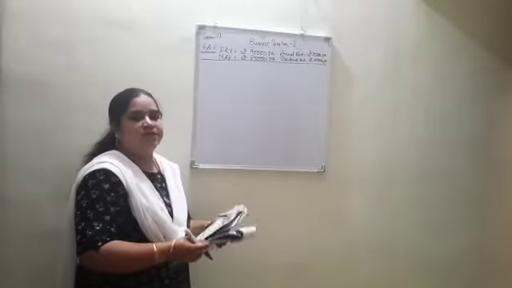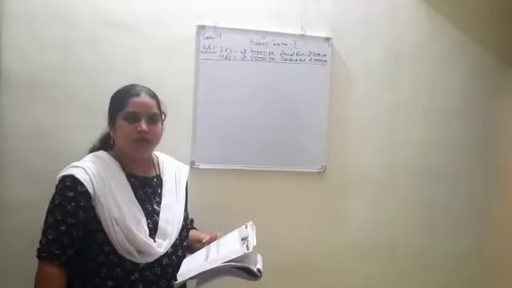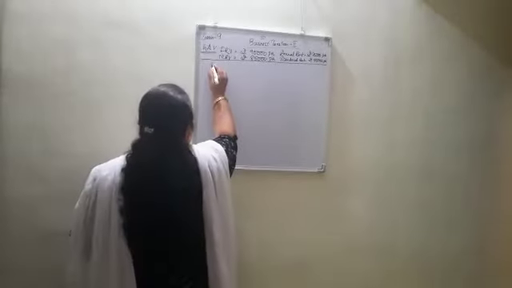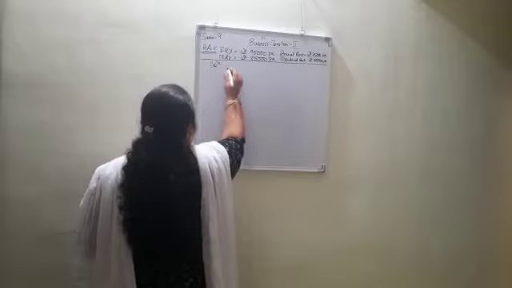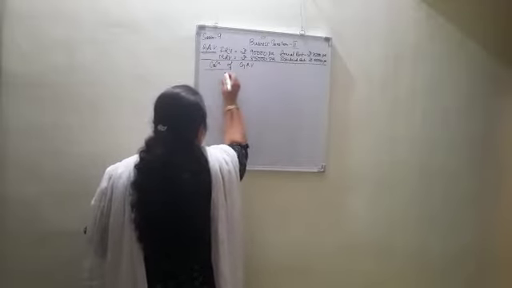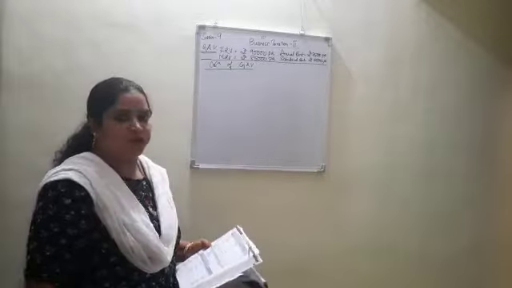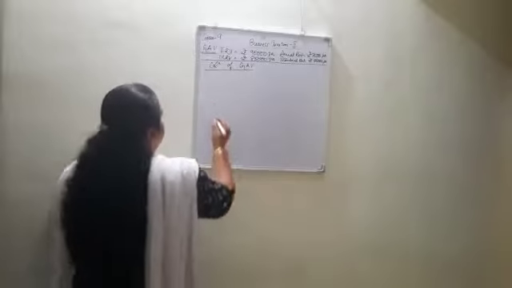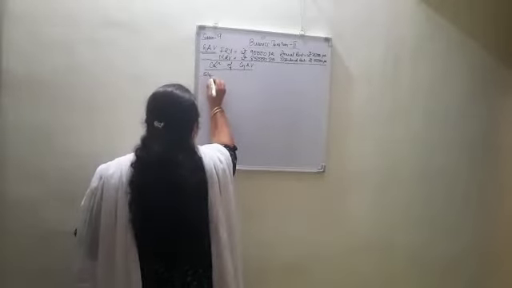By considering these values, we are supposed to calculate the gross annual value. Let me write here: calculation of gross annual value. In order to calculate the gross annual value, what is the first step?